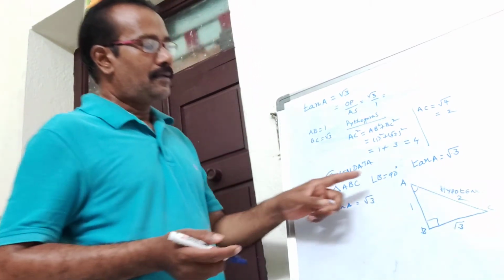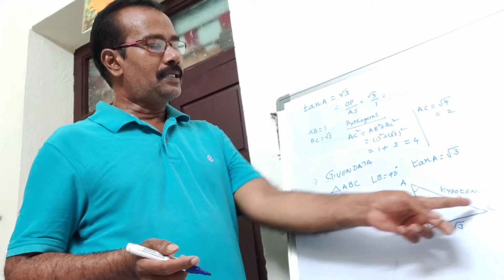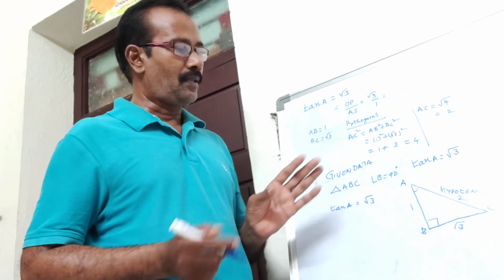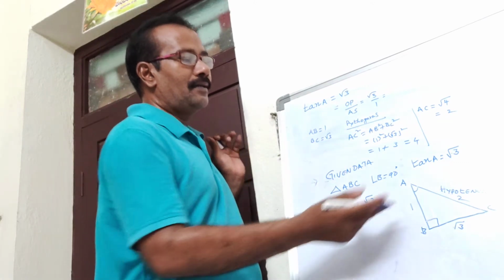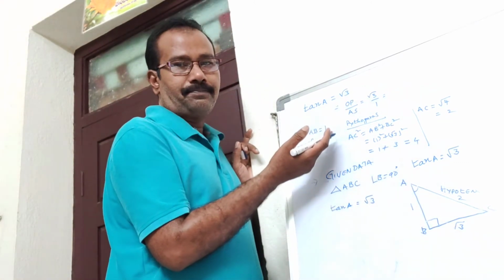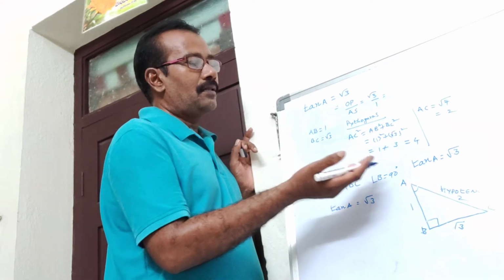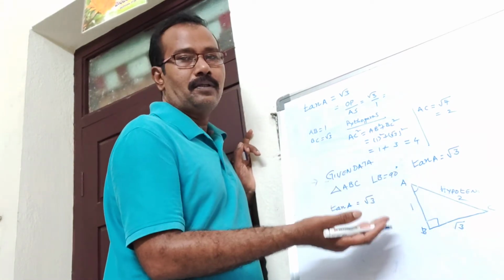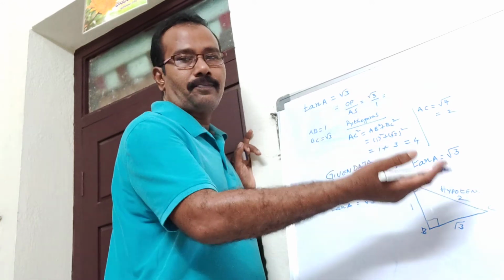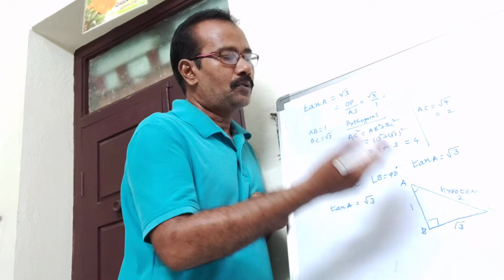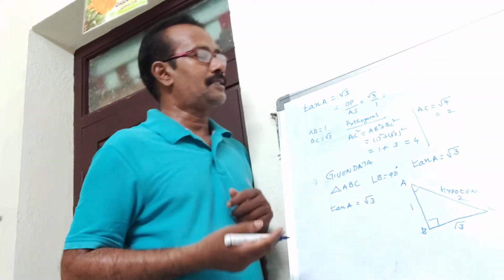Here AB equals 1, BC equals root 3, hypotenuse AC equals 2. We calculated the hypotenuse using the Pythagoras theorem: the square of the hypotenuse is equal to the sum of the squares of the two other sides.